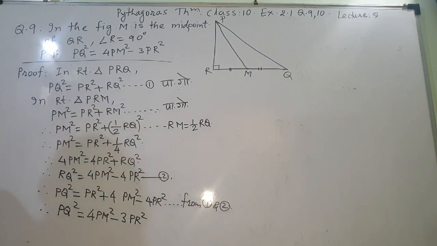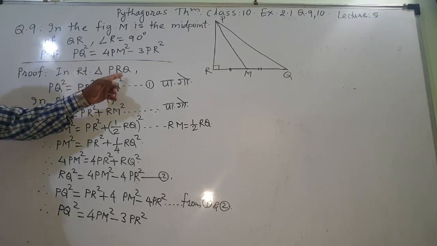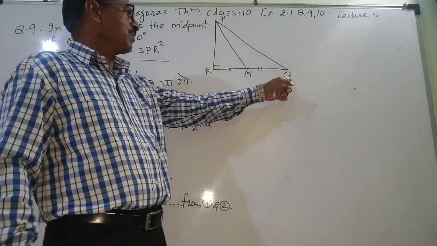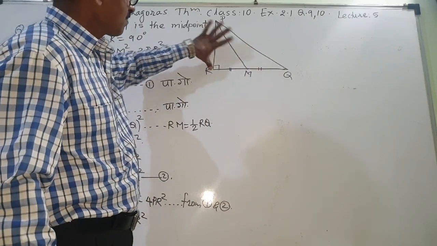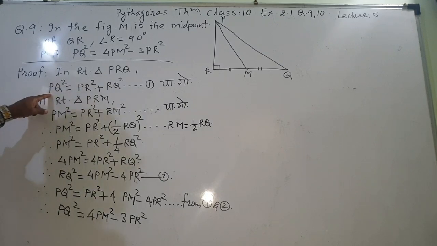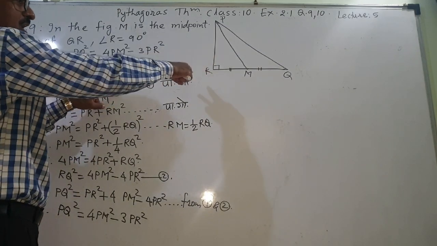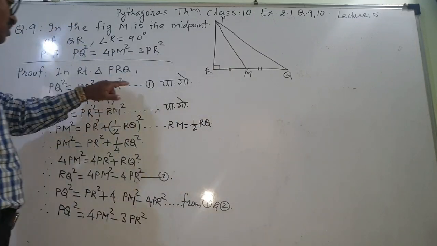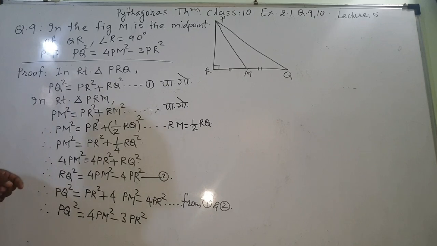So proof: in right angle triangle PRQ, the bigger triangle, this is the hypotenuse. Hypotenuse square is equal to one side square plus other side square. So PQ square is equal to one side is PR, other side is RQ, PR square plus RQ square. This is number 1. This one is Pago. Pago means Pythagoras.